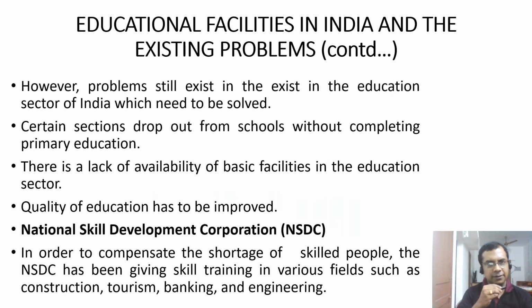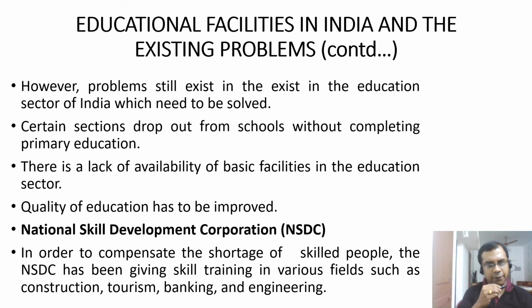Now, the education facilities in India and the existing problems in the field of education. There are many issues or problems in the field of education in our country which are yet to be solved. One such is the dropping out of students from schools without completing even the primary level of education.